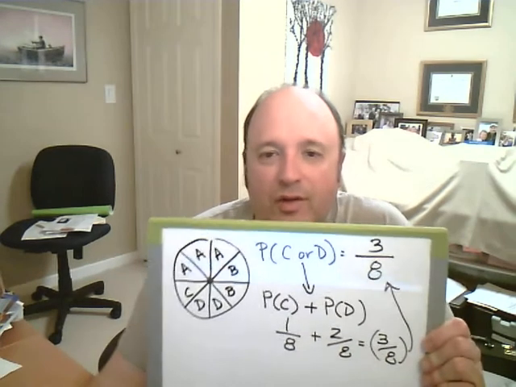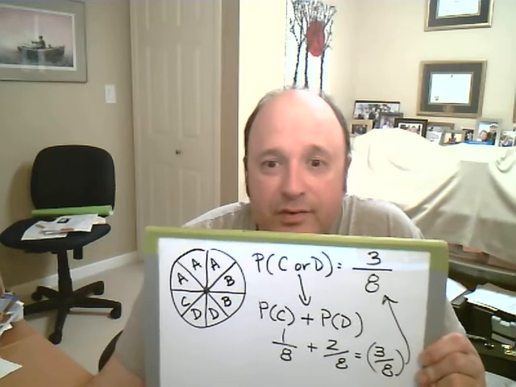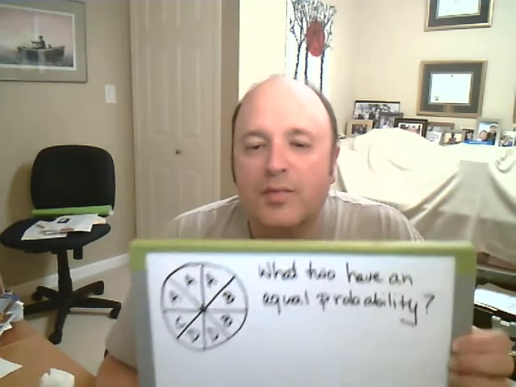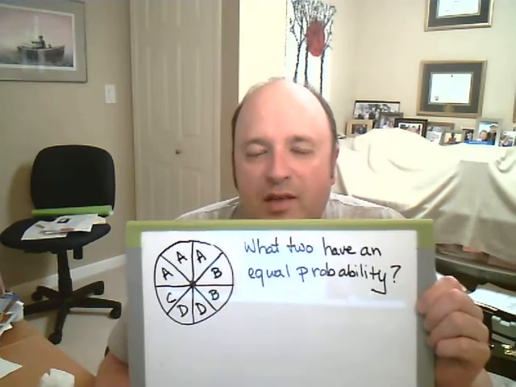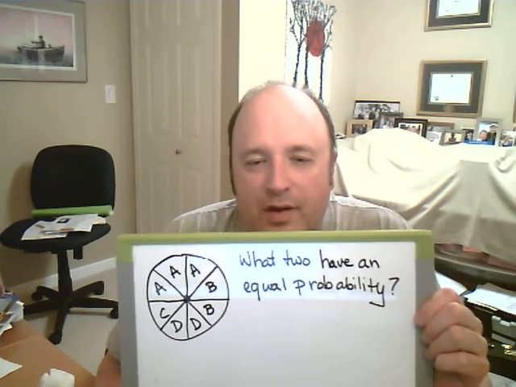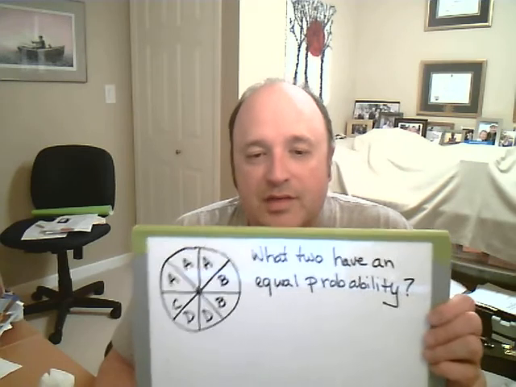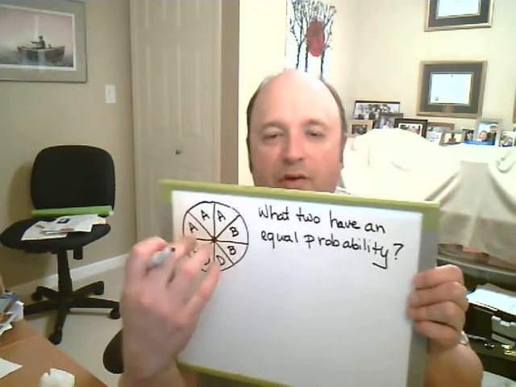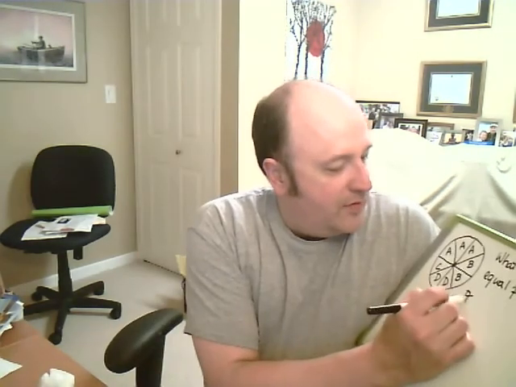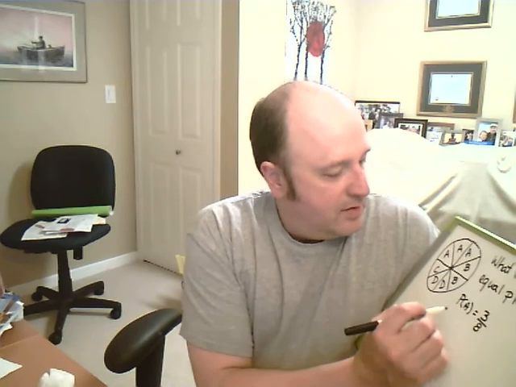Now let's have a look at one more idea, and then we're pretty much done, folks. You might see something that says, which two have an equal probability? So you just want to count up the ones that have an equal set of outcomes, because they're both in the same grid over here. The probability of A we said was 3/8.